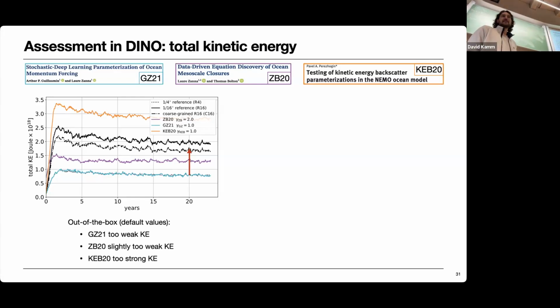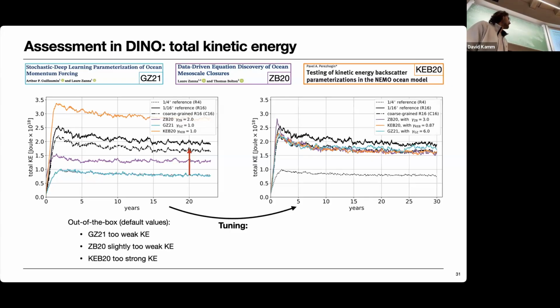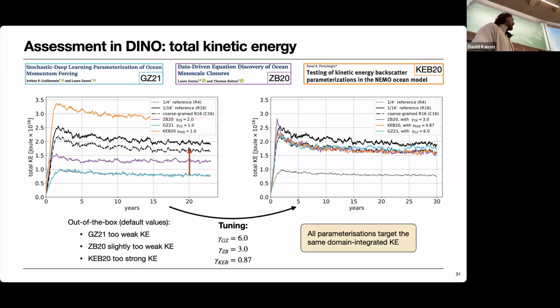However, this is kind of as expected. If you introduce a new parameterization, usually what ocean modelers do is a tuning phase. You find the optimum parameter value for your parameterization to target a specific metric, in this case, total kinetic energy. So we found these optimal values in order to make them comparable.